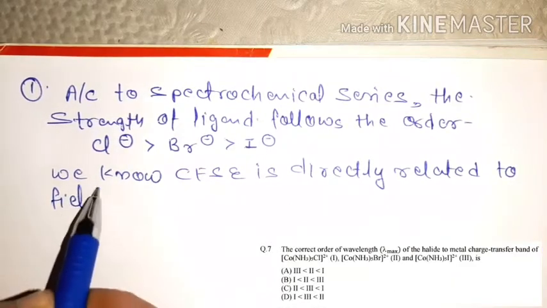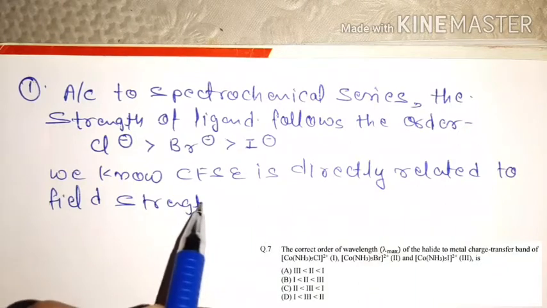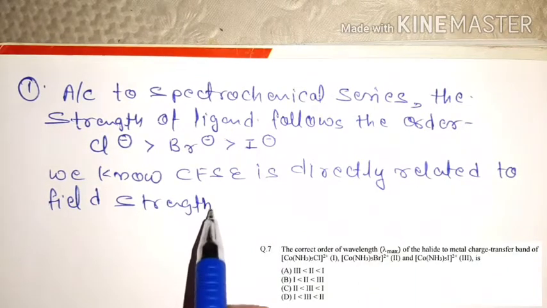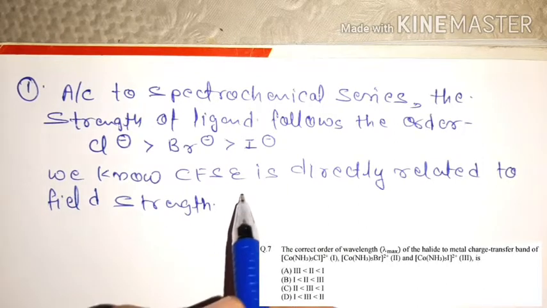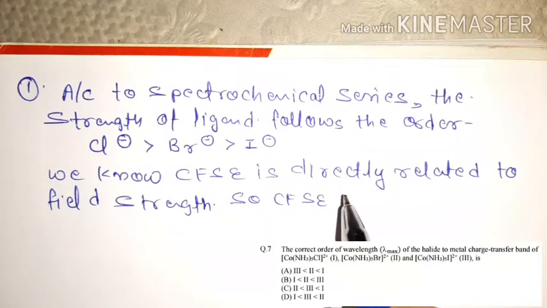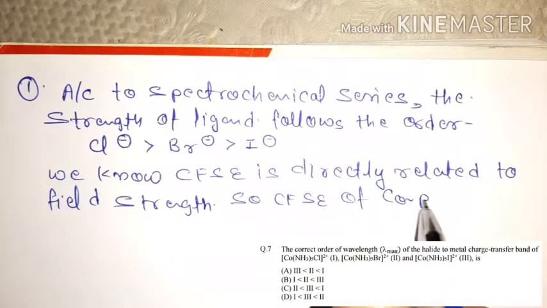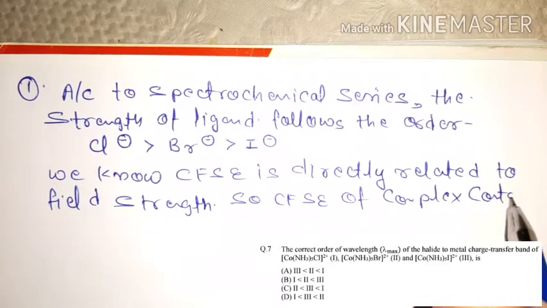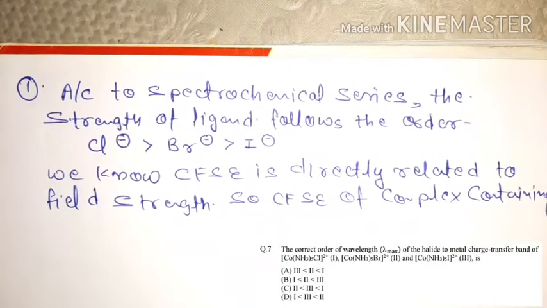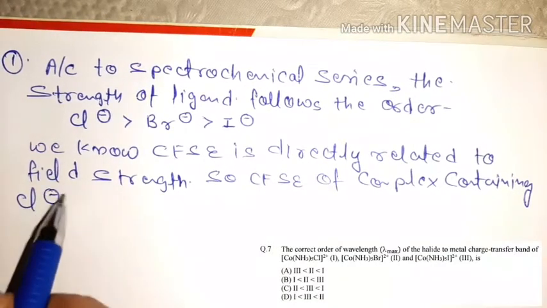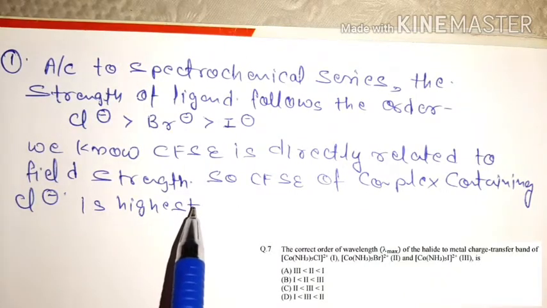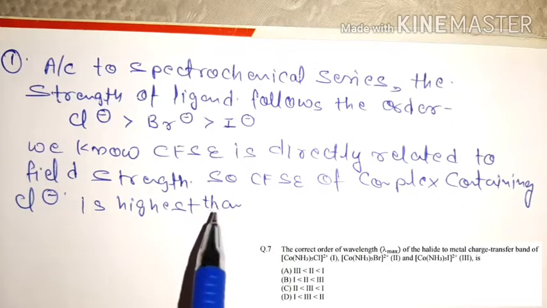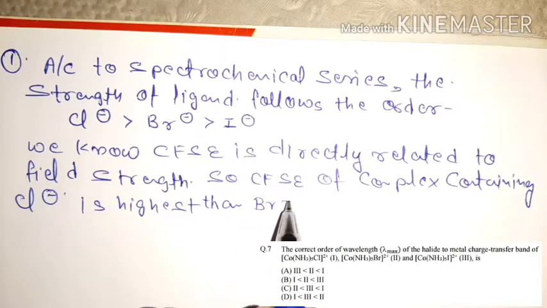So the CFSE of the complex containing Cl minus ligand is highest compared to Br minus or I minus.